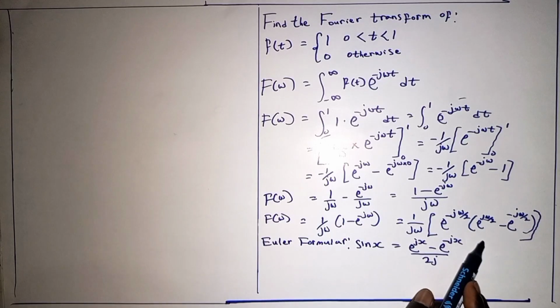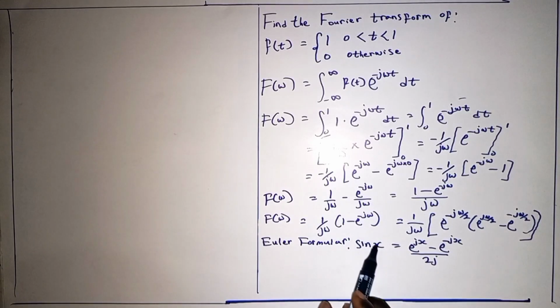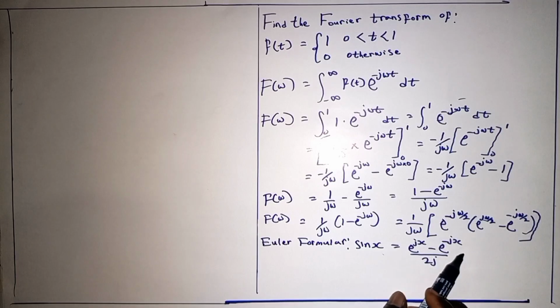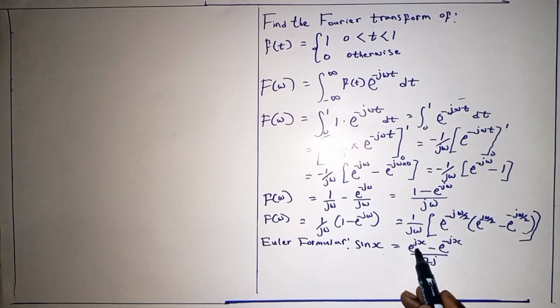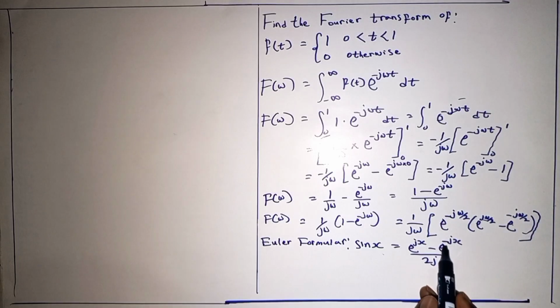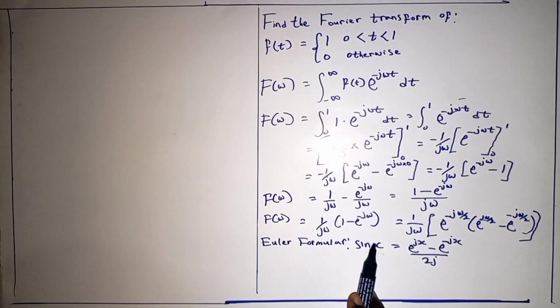So this is why I simplified this in this form. So I'll be able to work towards having my sine function. As we can see, this is similar to this. This is exponential jw over 2 exponential jx minus jw over 2 minus jx. So now in this form, our x will just be w over 2.